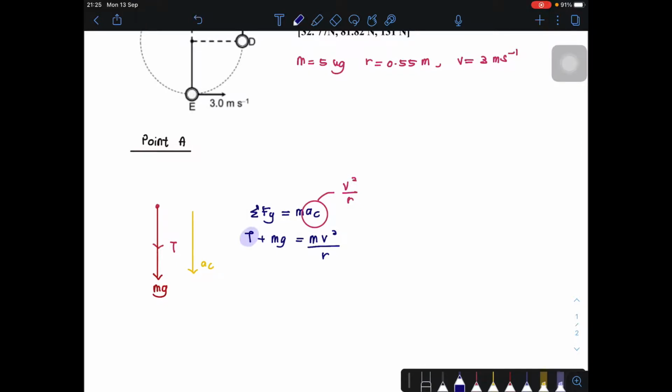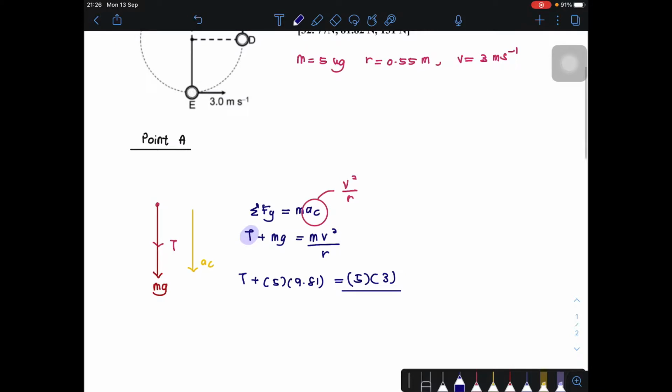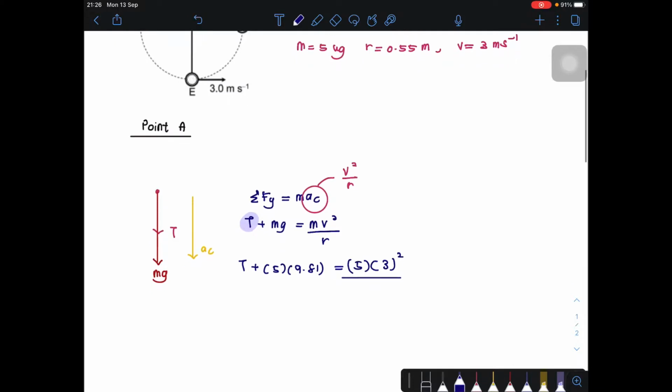So masukkan semua information yang kita ada, which is mass and then gravity equal to mass, velocity still sama, divided by radius. Okay, don't forget the square here, and then the radius.